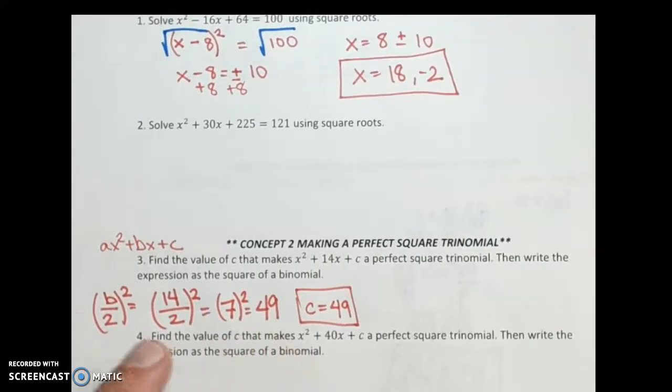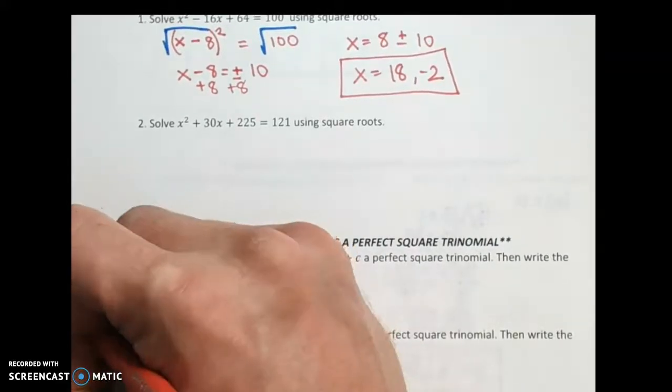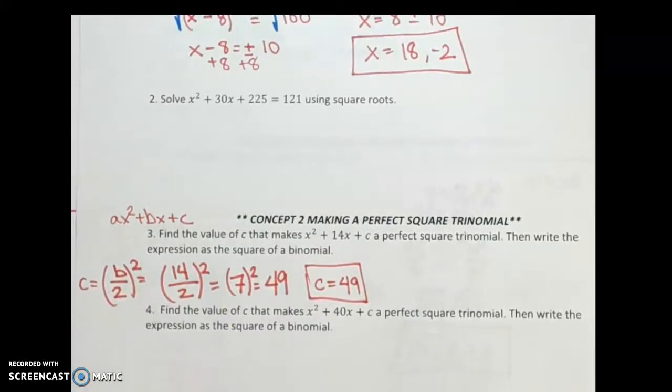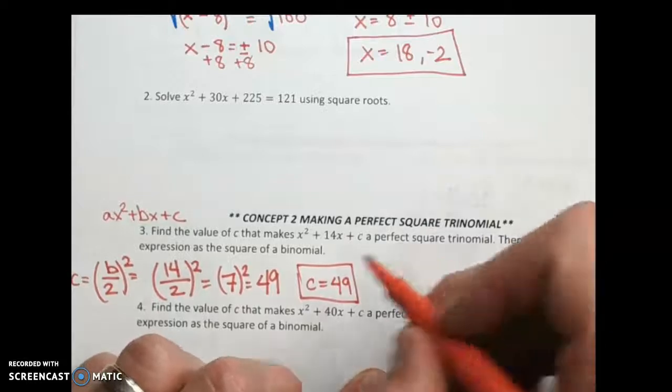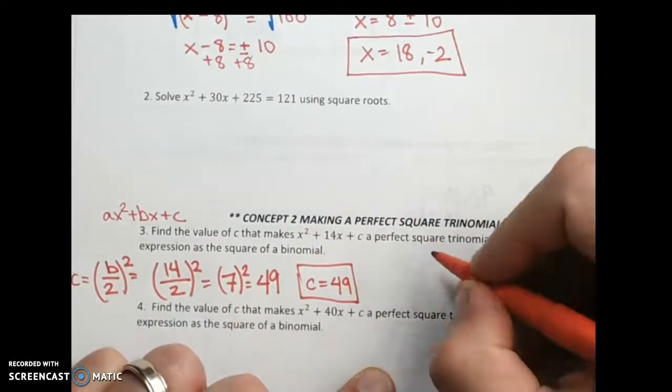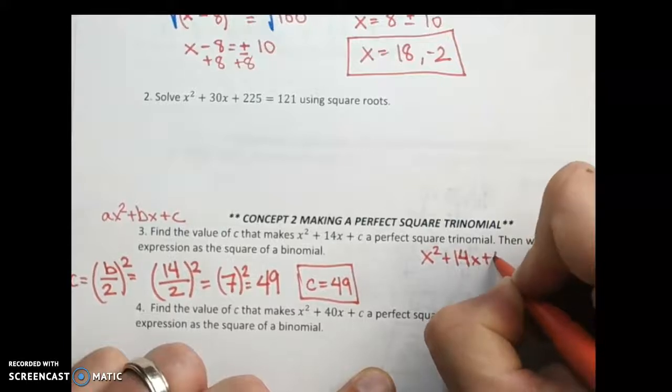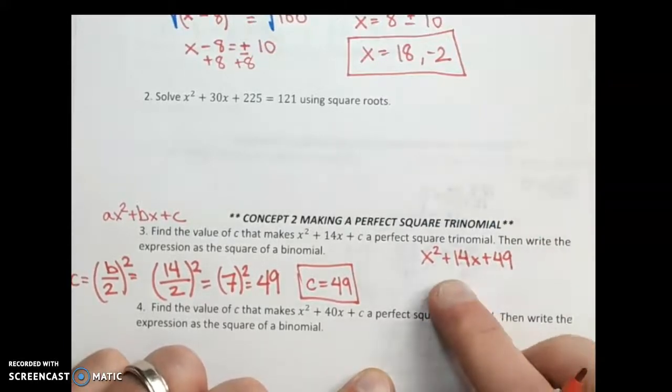And to find c, and I probably should have written that here, c equals b divided by 2 squared. Okay, now once I have that, I'm going to write my equation as ax squared plus bx plus c. So I have x squared plus 14x plus 49. And what I'm going to do is, again, factor it to a binomial squared.